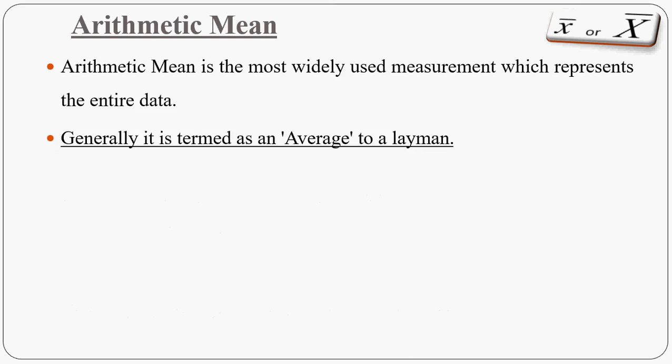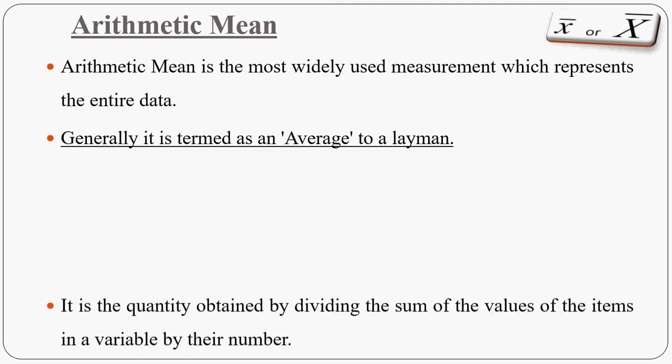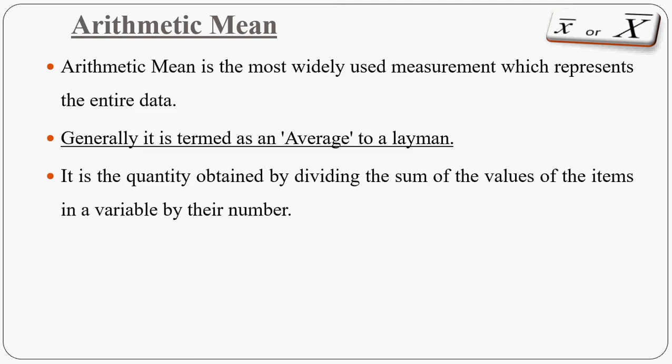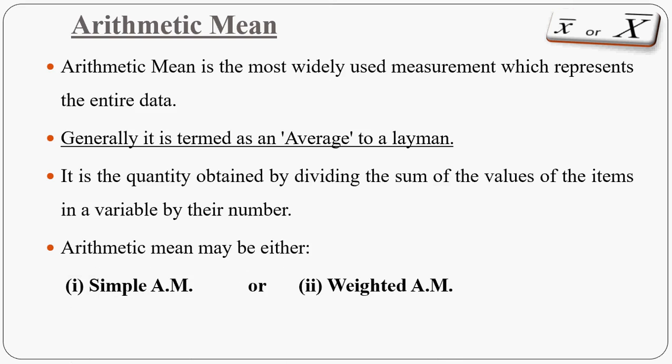Another way to understand arithmetic mean is nothing but average. It is the quantity obtained by dividing the sum of values of the items in a variable by their number. This is what I explained. So whatever series of numbers is given, take the total and divide by the number of items.